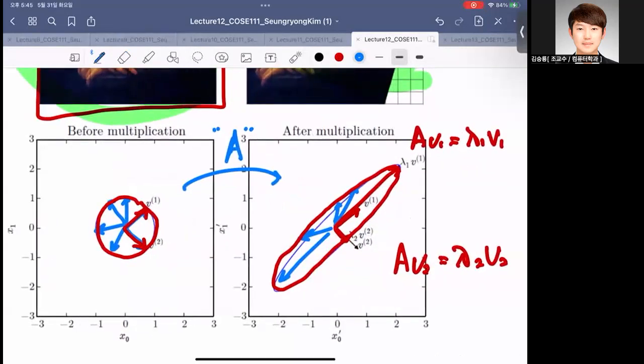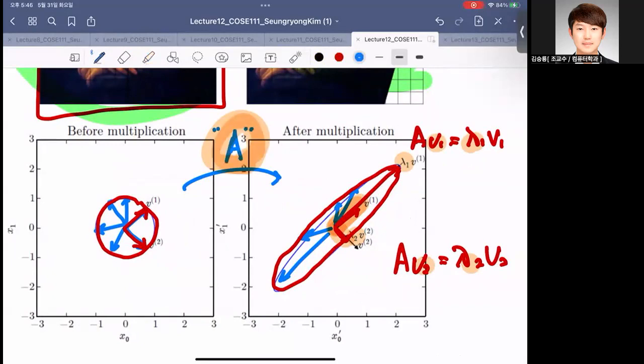As you can see here, if we just consider vector V and vectors V1 and V2 with scalar values lambda 1 and lambda 2, then you can easily expect the transformed output shape by matrix A. In other words, V1 and lambda 1 and V2 and lambda 2 can describe the characteristic of the matrix A.